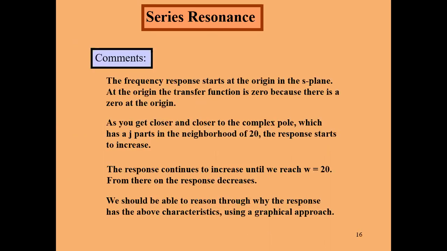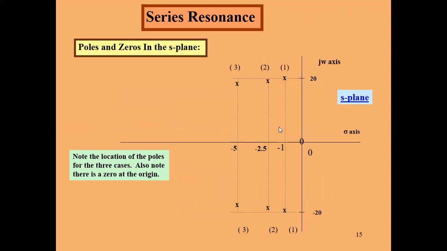So the comments on this series resonance are: the frequency response starts at the origin of the S plane. The value of the transfer function is 0 because there is a zero at the origin. And as we get closer to a complex pole, so if we want to define the stability of the system, in our second section we are talking about stability.